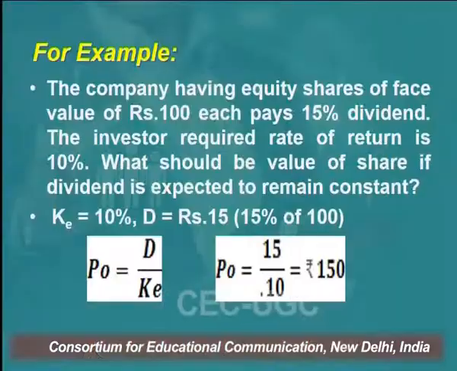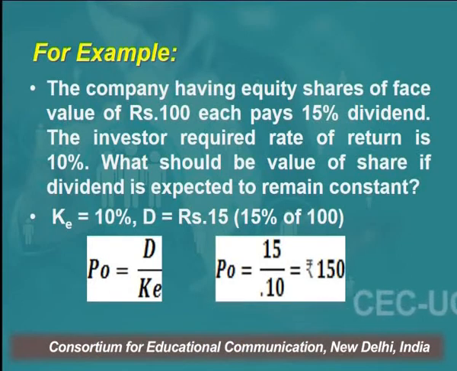So what should be the value of the share if the dividend is expected to remain constant? As I said, you can simply use the formula P0, the current price, is equal to D divided by KE. The dividend in our example is 15 rupees. The required rate of return is 10%. So 15 divided by 0.10, that is 10%, comes to 150 rupees.